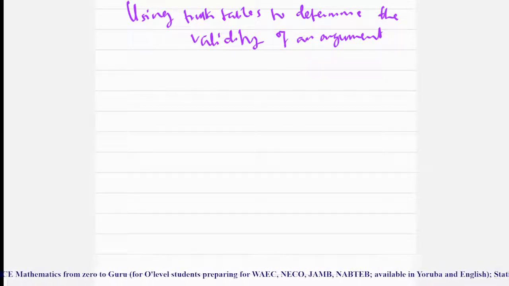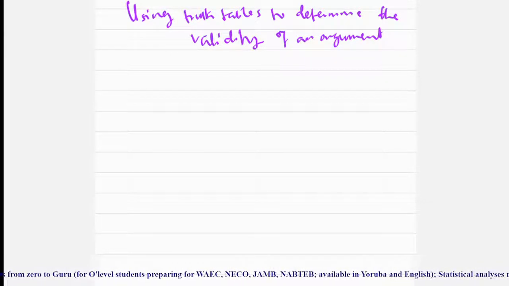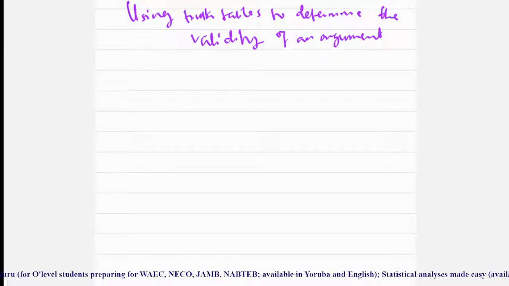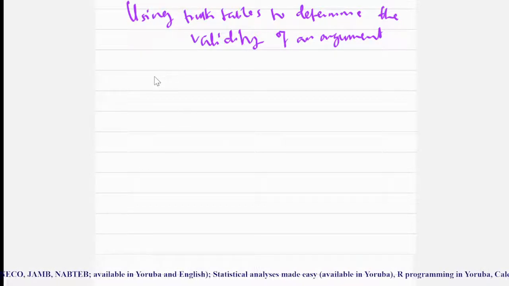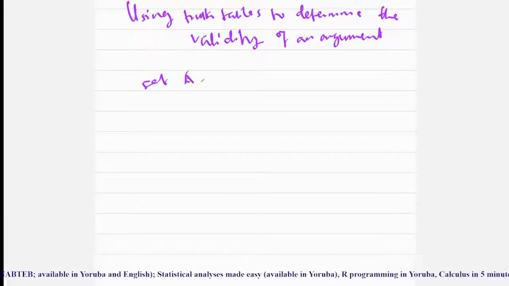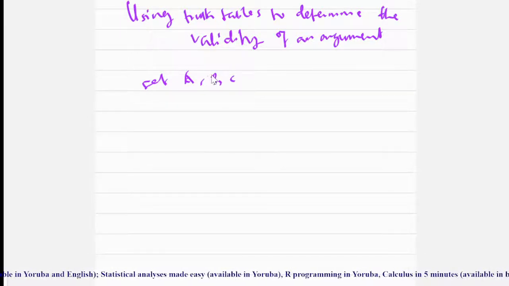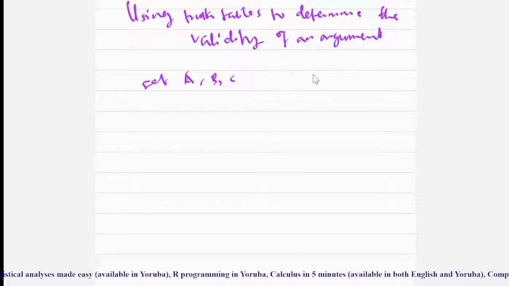In fact, when you are talking of sets, the principle of working out sets is more or less that of propositions as well. And I made mention that when you are using sets A, B, C, an uppercase letter denotes a set.